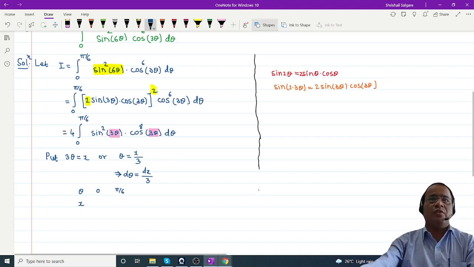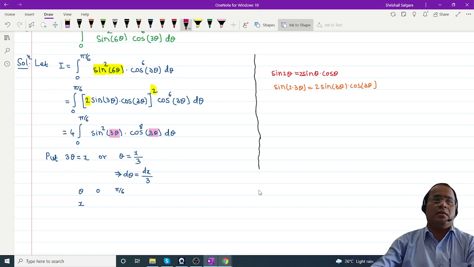Now you can use which one? Just a minute, I will box this substitution. So put theta is equal to 0. What is x? 0, obviously 0. And if theta is pi by 6, x is pi by 2, very good. So as per our requirement, we are getting the new limits from 0 to pi by 2.